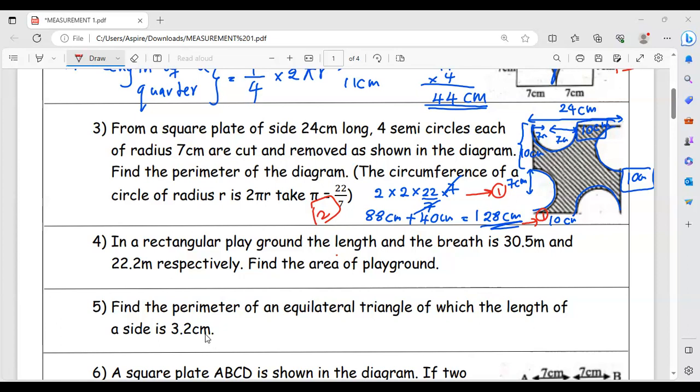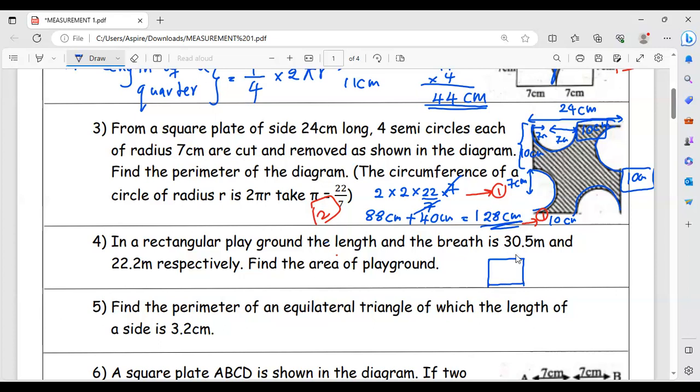Okay. Then look at the fourth question. In the fourth question, it is mentioned that in a rectangular playground, the length and the breadth are 30.5 meters and 22.2 meters respectively.